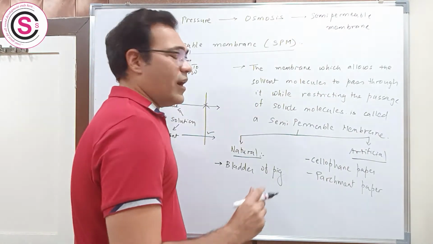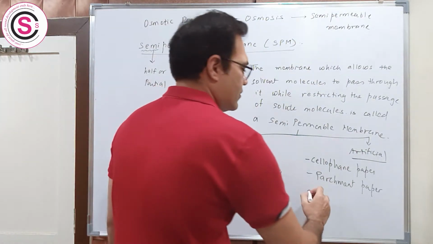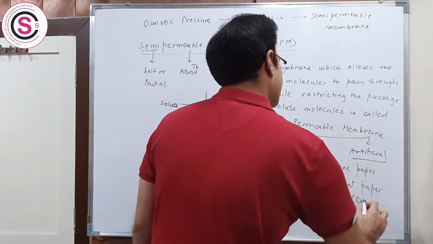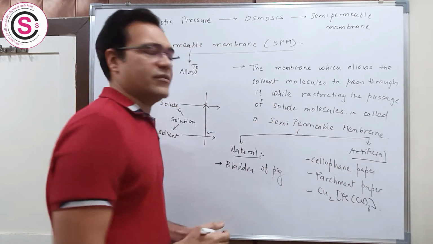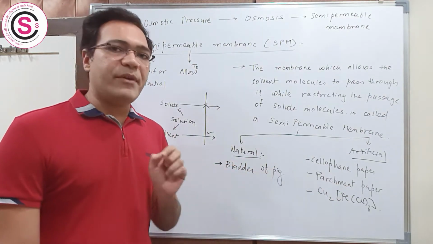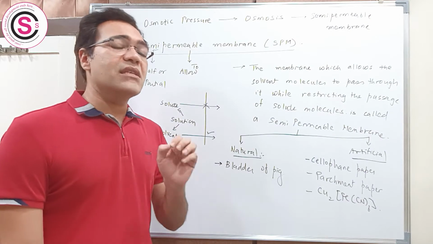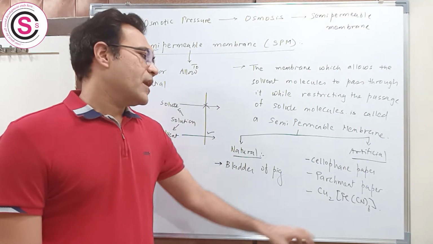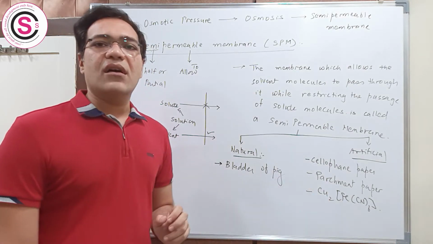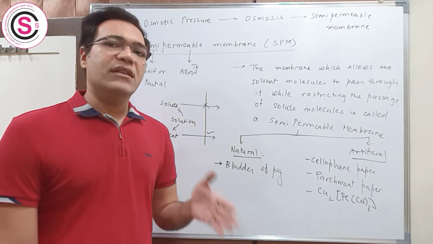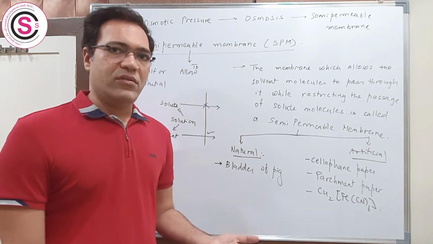Now I have a precipitated substance having the formula Cu2[Fe(CN)6]. This precipitated substance is the best known semi-permeable membrane available to us. This is a complex or coordination compound which you will study later this year.